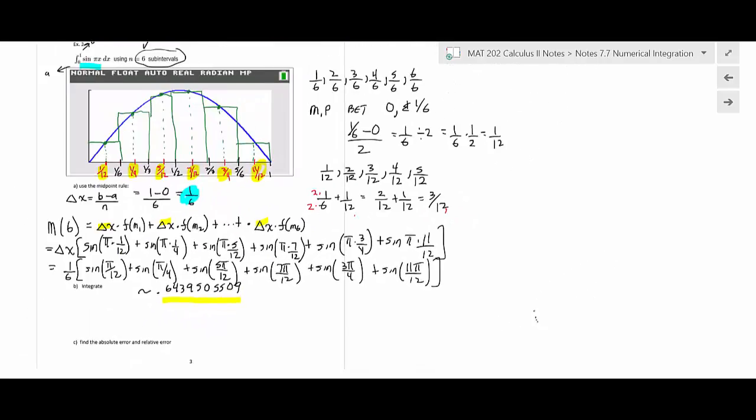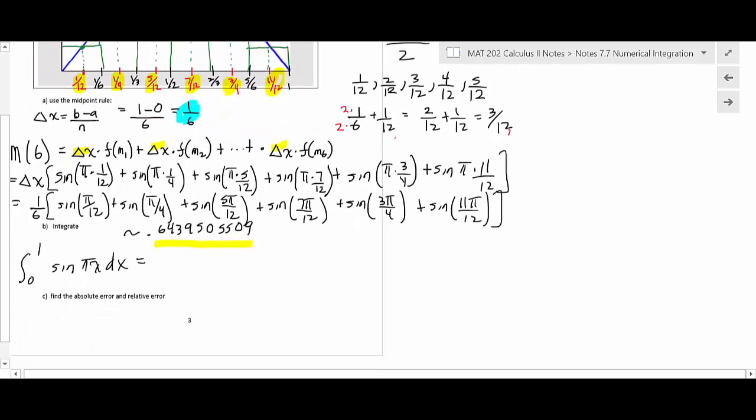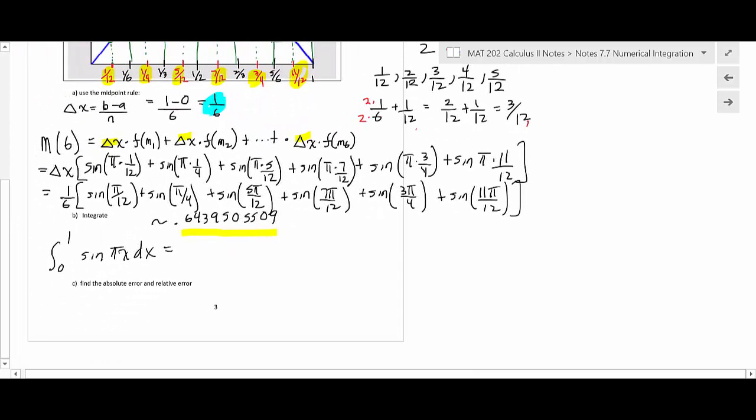So actually the integral on this one's pretty easy to do. So we're just going to do the integral from 0 to 1 of sine of pi x dx. Do you guys know what the antiderivative of sine pi x is? 1 over pi, negative cosine pi x. Good.